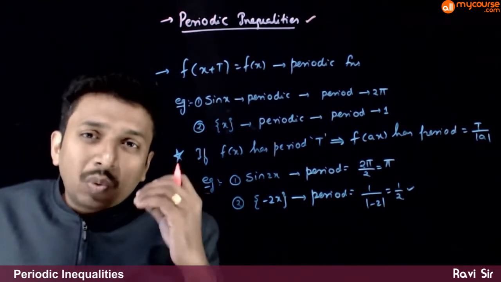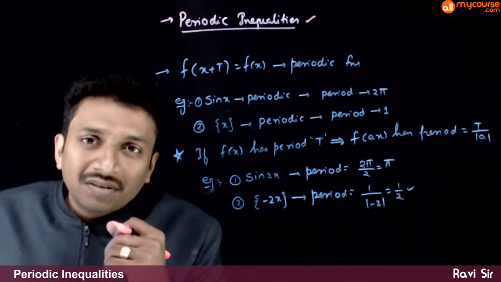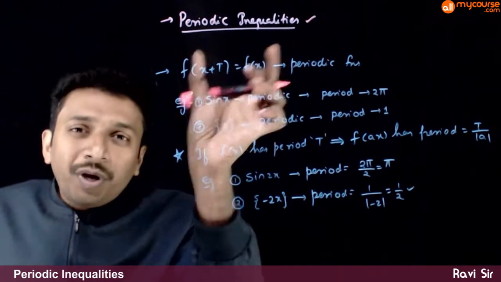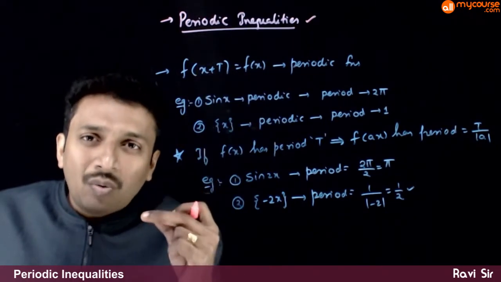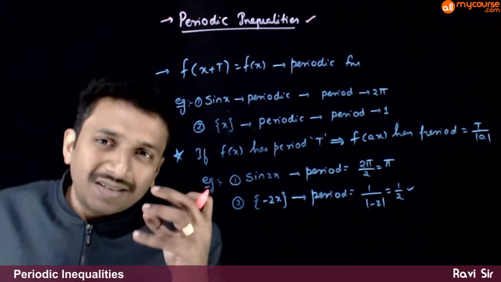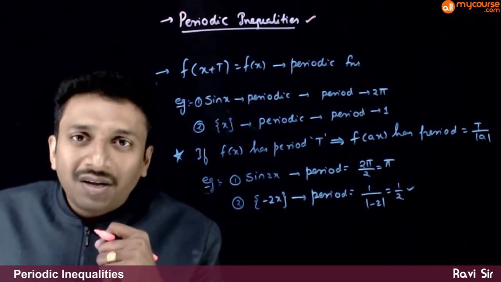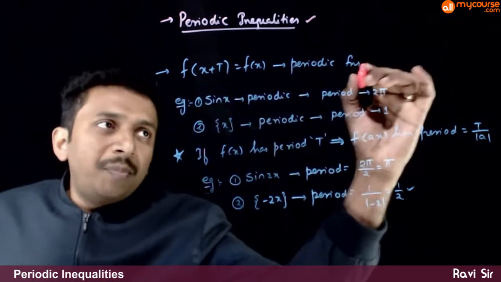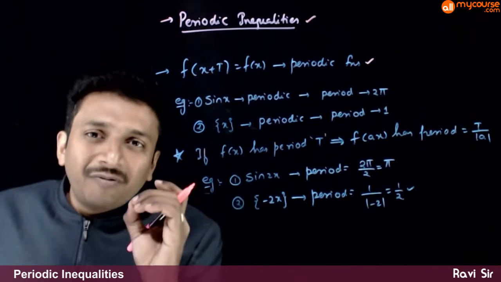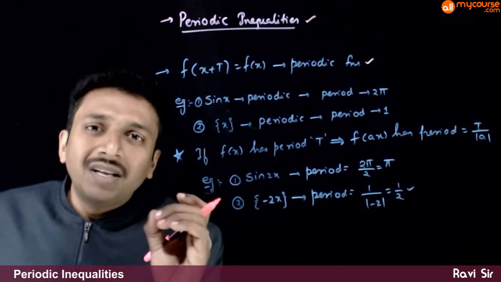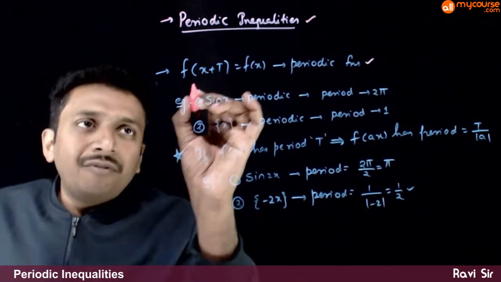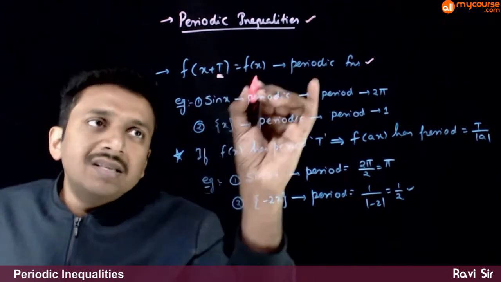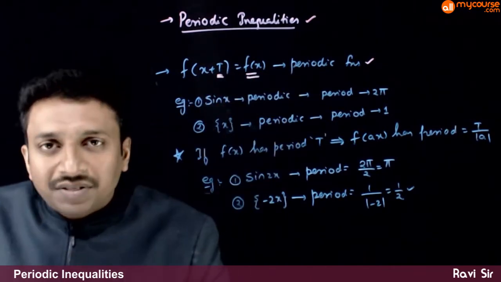Let us revise what a periodic function is. Before going into periodic inequalities, you need to know what periodic functions are and certain properties of periodic functions. A periodic function is a function which repeats after a certain interval. That is, f of x plus t is again equal to f of x.